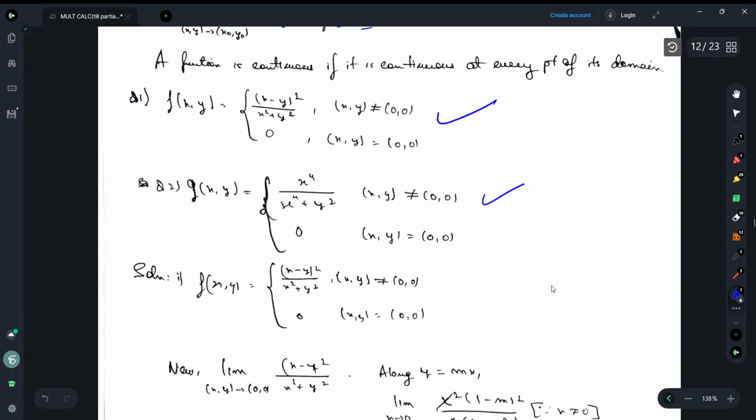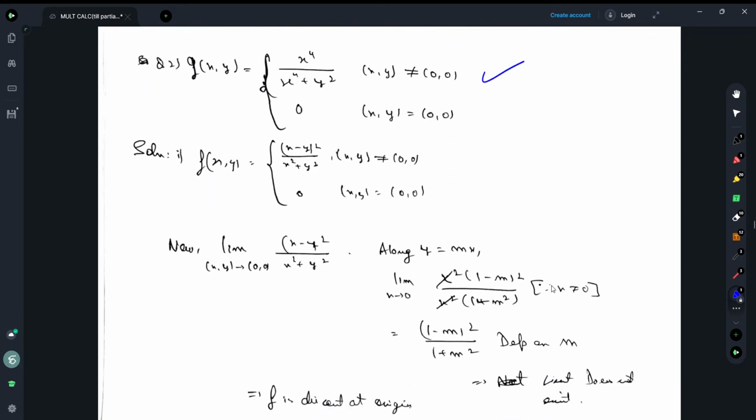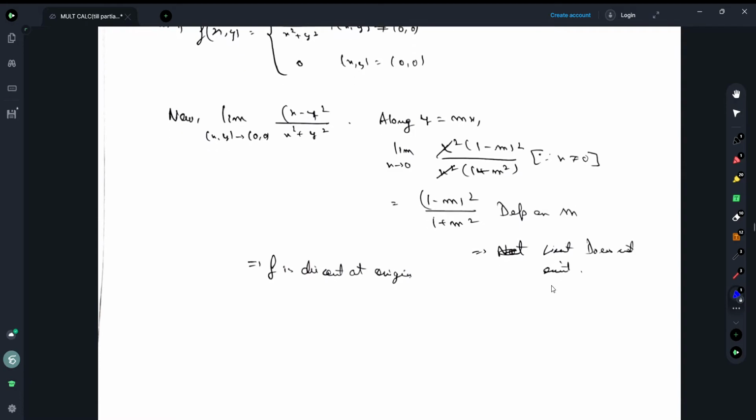Okay, let's check. So the first example: limit (x,y) tending to (0,0), we are asked whether this function at the origin is continuous or not.